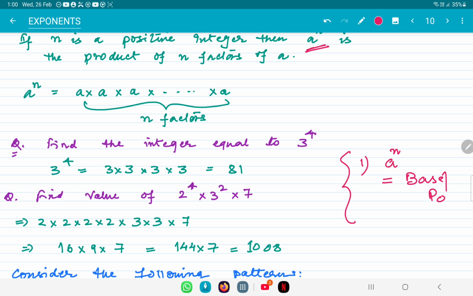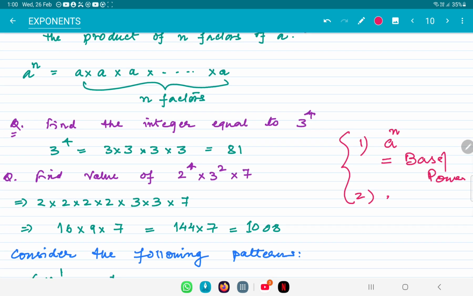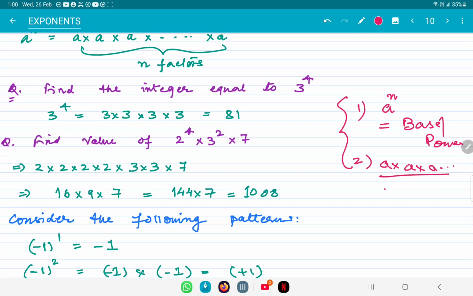This is your first question. Second, they can ask you a multiplied several times like this and write it in the form of base and power. You write how many times a comes, so the base will be a and the frequency of a will be the power. These types of questions can come.